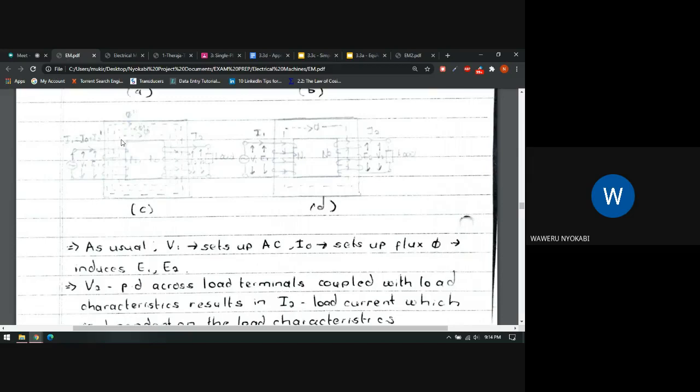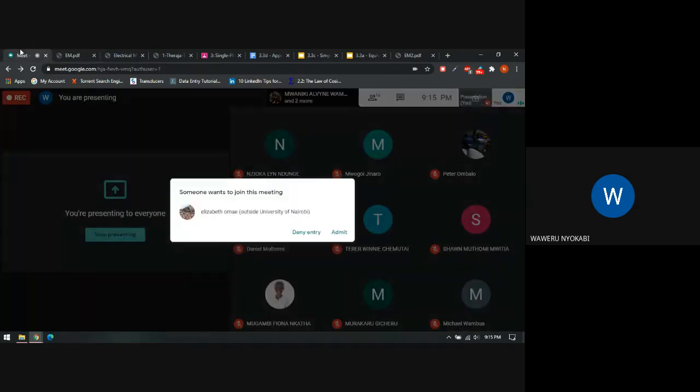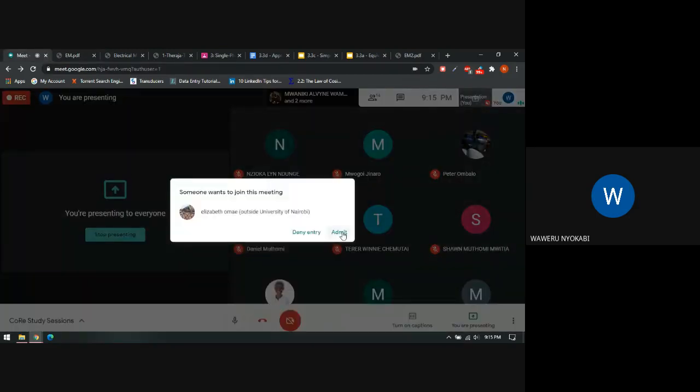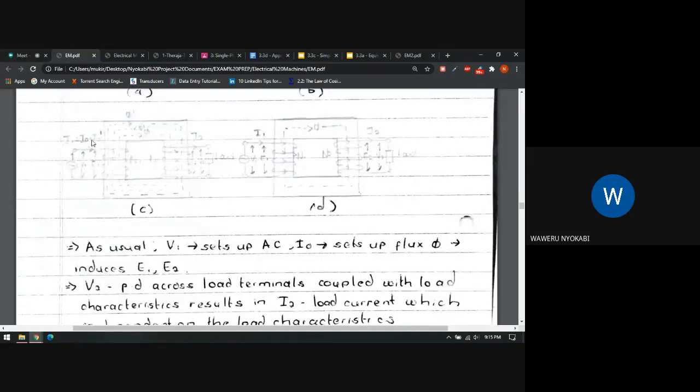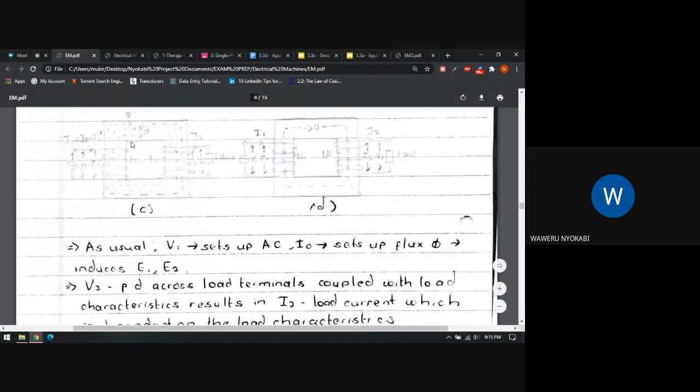As it reduces the total flux, the back EMF E1 also reduces. But in an attempt to restore that imbalance, the transformer will now draw in an extra current, and that extra current should be just enough to offset this disturbance.